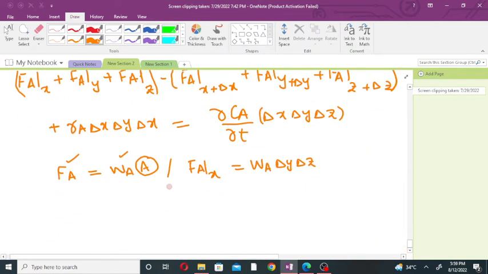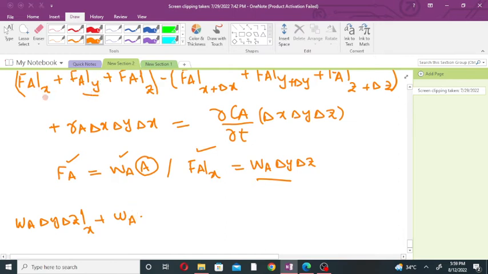So F_A can be written in this way. I am writing W_A delta y delta z at the x position, plus W_A for y. If this is y, the area will be x and z.